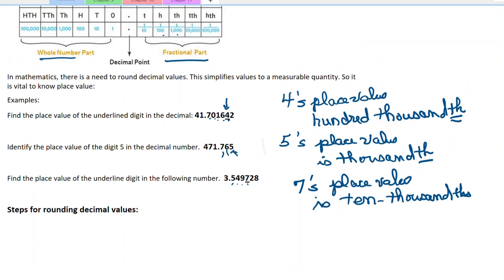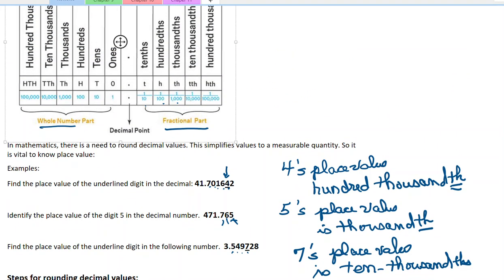So we know that the digits running to the right of that decimal are the decimal values, and they're in tenths, hundredths, thousandths, 10,000ths, and 100,000ths.